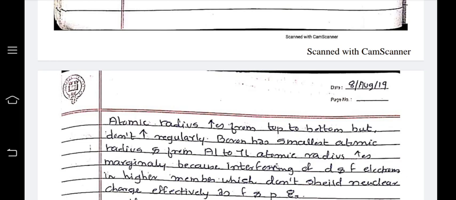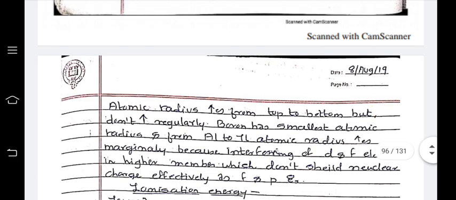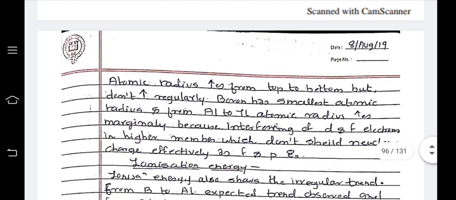So if you know the basic criteria how to find out the radius, then you can easily find out, because the atomic radius increases from top to bottom but not regularly.